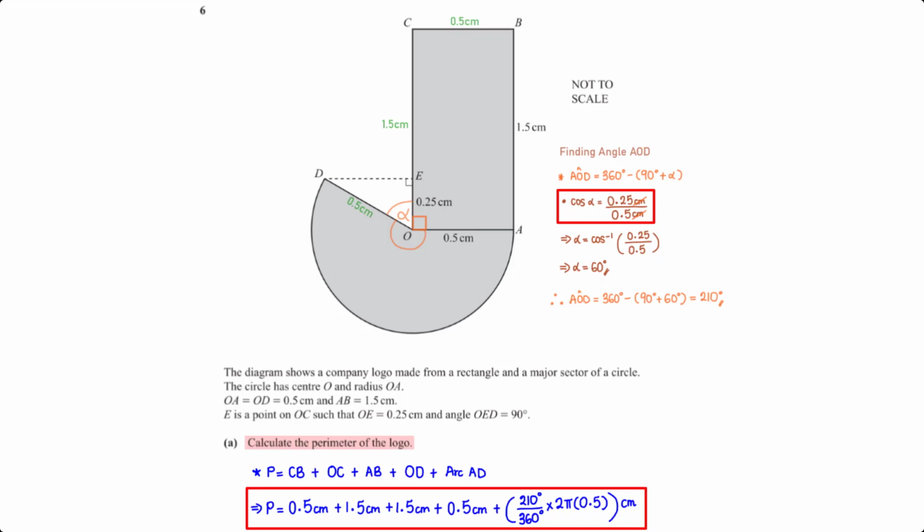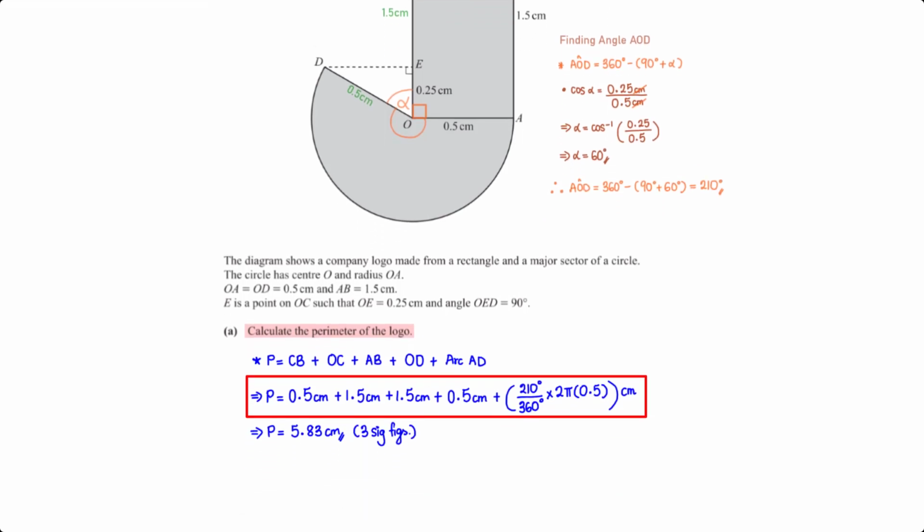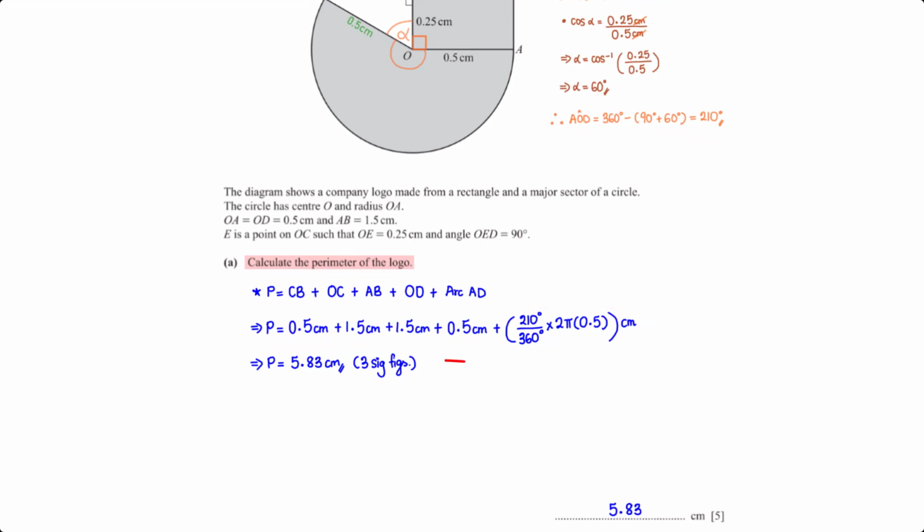When we make alpha the subject, it is equal to 60 degrees. So angle AOD is equal to 360 degrees minus 90 degrees plus 60 degrees, which is equal to 210 degrees. When we type this into the calculator, we get 5.83 centimeters rounded to 3 significant figures.